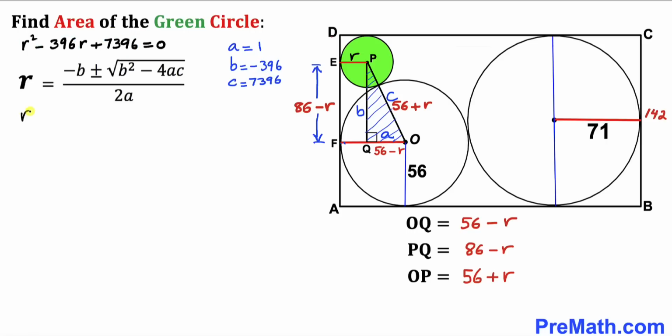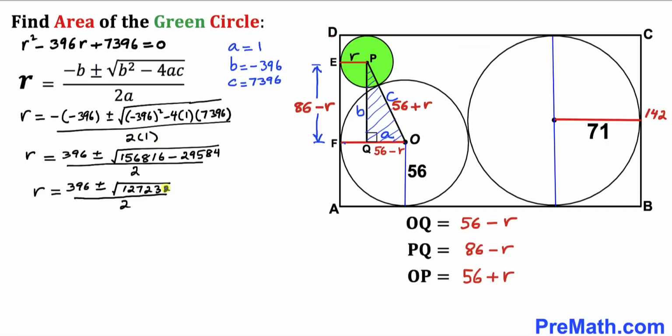So r equals minus b, which is negative 396, plus or minus the square root of negative 396 whole square minus 4 times a, which is 1, times c, which is 7396, all over 2 times a, which is 1.